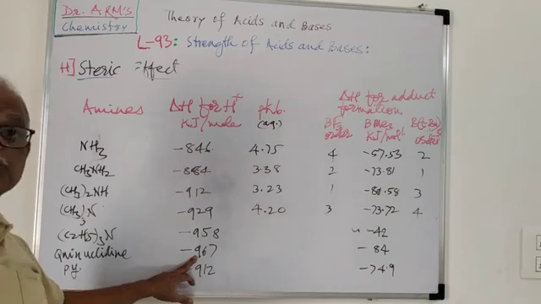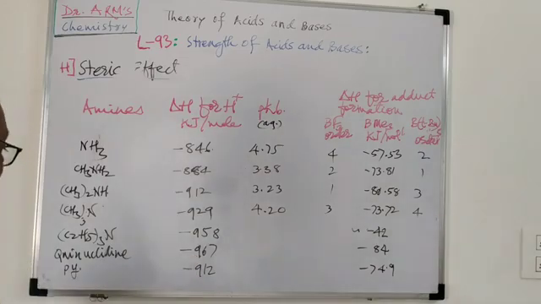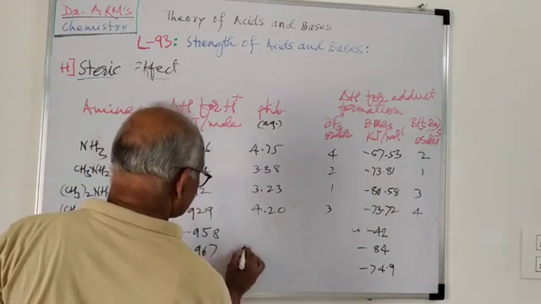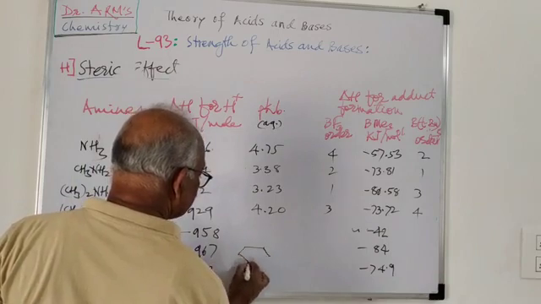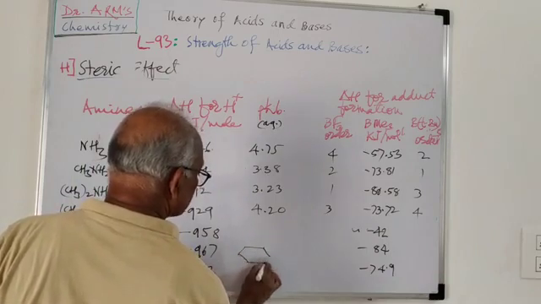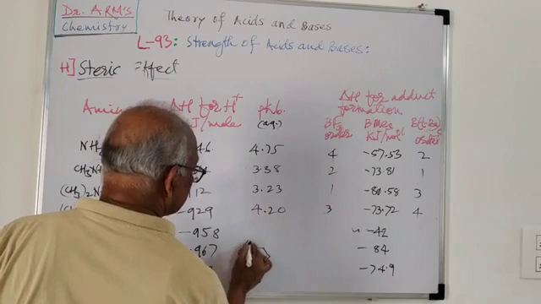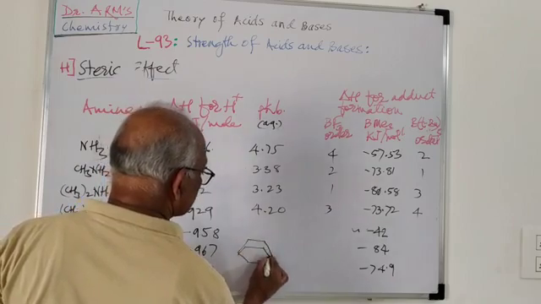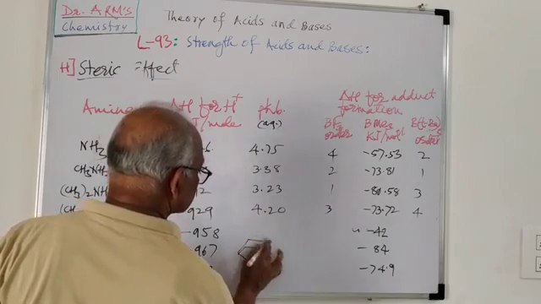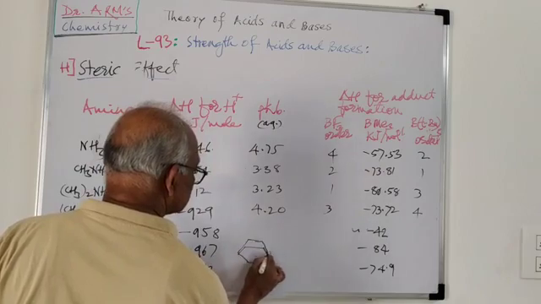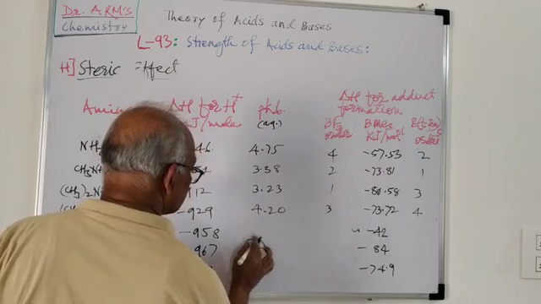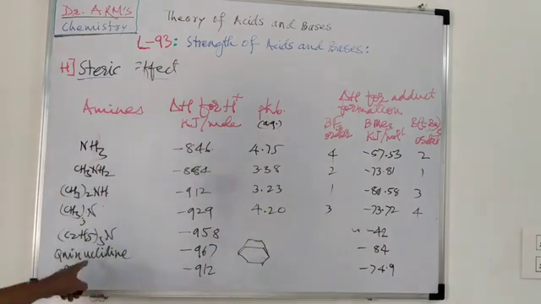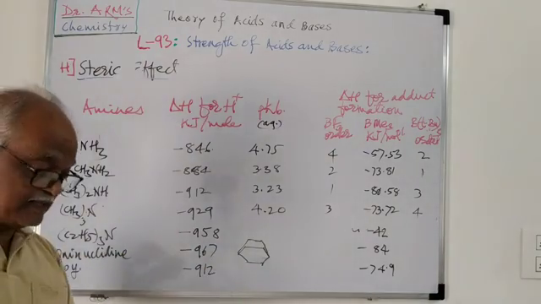Quinolidine is also strongly basic. So it has a structure like this. So we can have the benzene like structure here and still like this. So quinolidine has a structure like this.